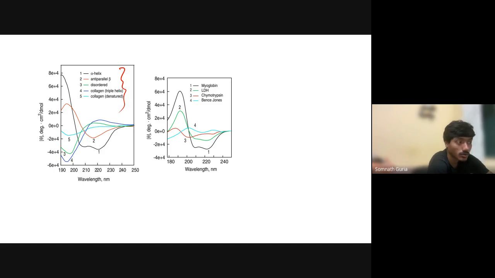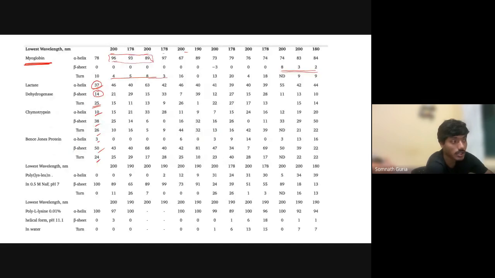With respect to their original data, we can deconvolute the amount of alpha helix, beta sheet, and random coil present in a particular protein. We show some examples over here: myoglobin, lactate dehydrogenase, cytochrome, chymotrypsin, and Bence Jones proteins.